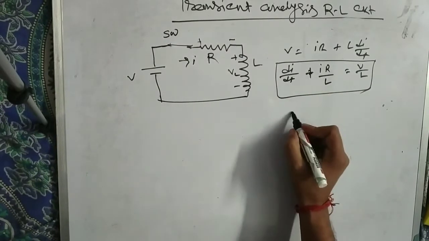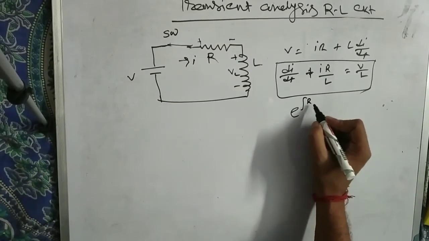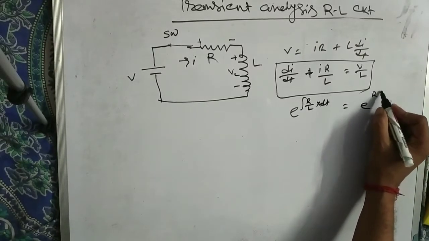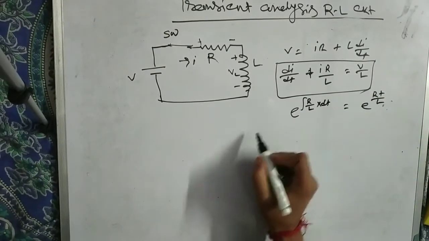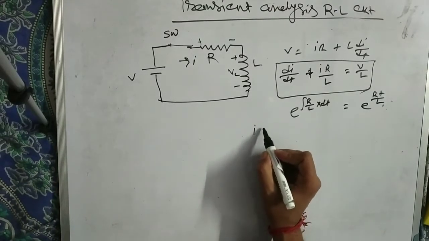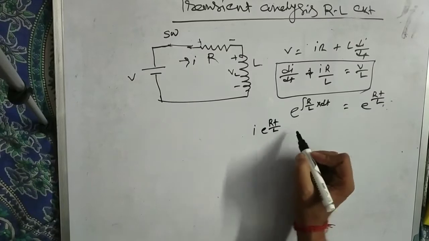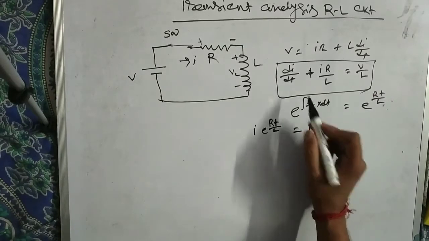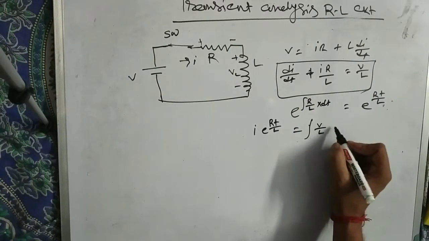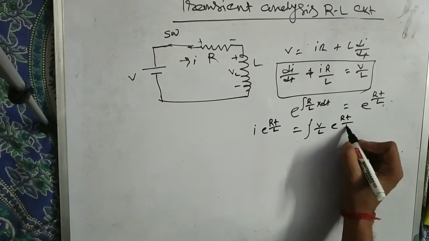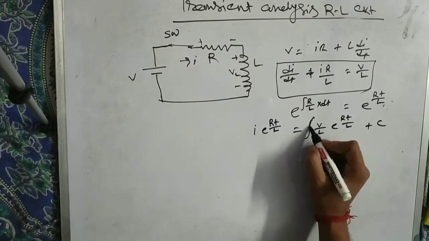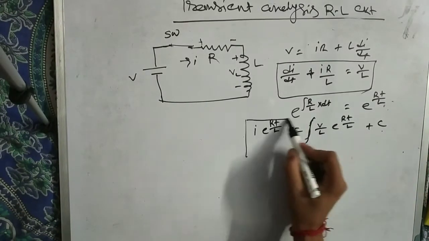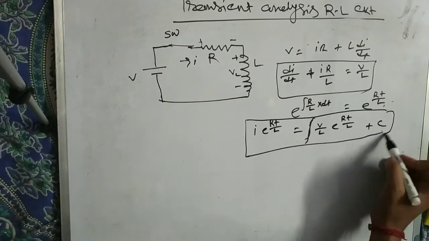Here the integrating factor is e to the power integral of R by L dt, so the integrating factor is e to the power Rt by L. The equation will be I into e to the power Rt by L equal to the integral of V by L e to the power Rt by L, plus C. You will find the value and get the current I. This is your homework. You have to solve it on your own.